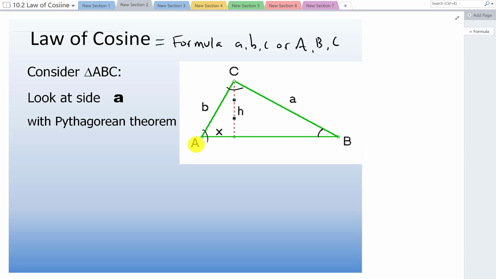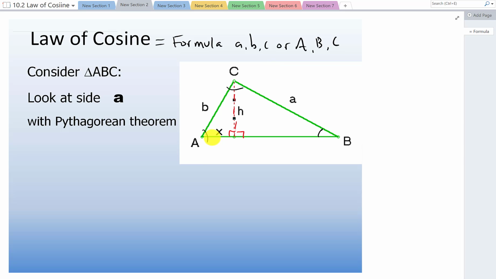I'm going to introduce h, the height. Now, because I have a height in here, I do have a 90 degree. And so I can start incorporating some 90-degree trigonometry stuff. But that's going to require an h, and I don't want h in my formula, so eventually I'm going to have to get around that.